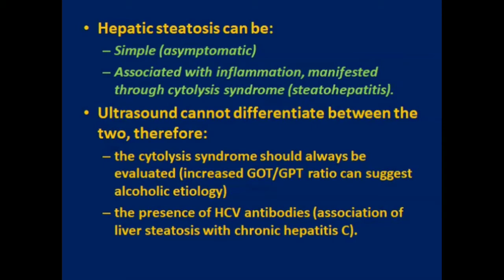The cytolysis syndrome should always be evaluated with the GOT and GPT ratio, and an increased GOT/GPT ratio will indicate alcoholic etiology. The presence of HCV antibodies shows association of liver steatosis with chronic hepatitis C.